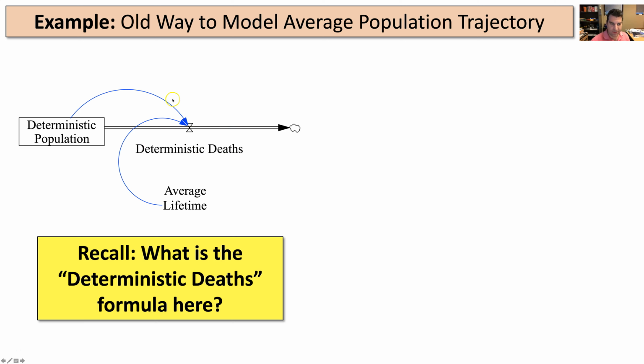So the formula we're looking for here is just going to take, for every member of the population, a contribution to the outflow of 1 divided by the average lifetime. And so the total outflow for the total population is just the current population divided by the average lifetime. And so that's the formula that we'll use there.